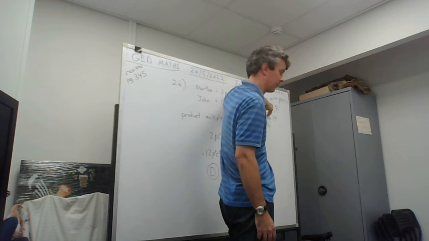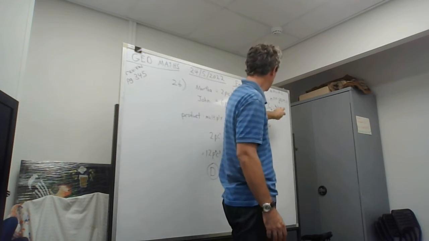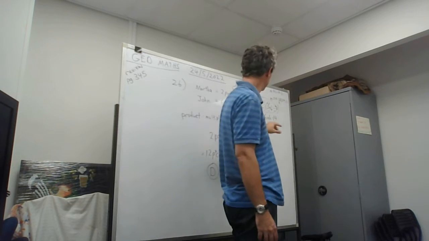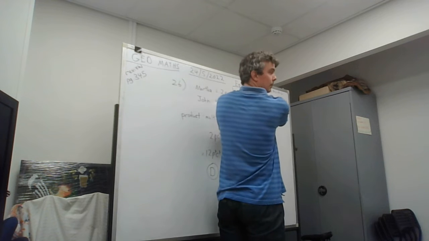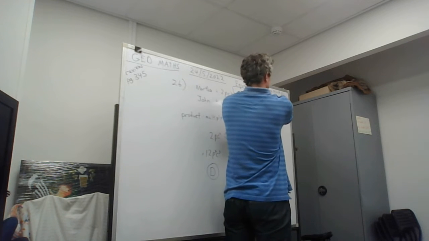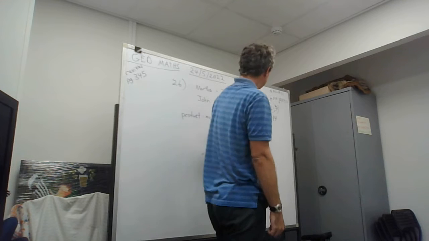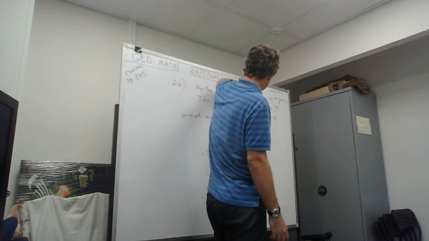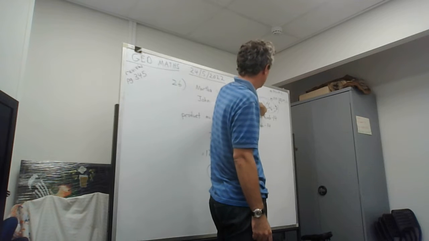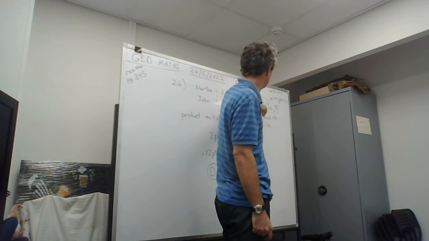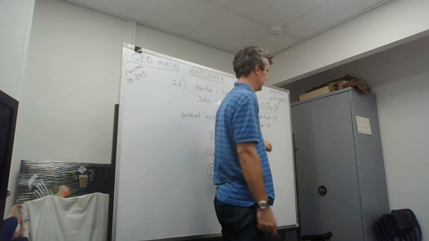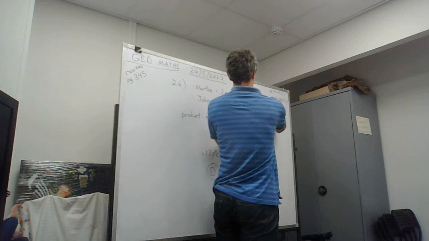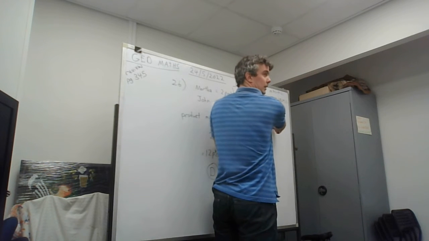Maybe in the middle something's going to happen, but the first and the last will be the same. The first is these two multiplied by each other, and the last is these two multiplied by each other. The first two multiplied is 12a squared b squared, and the last two multiplied is 2 times minus 7, minus 14. So I just need to find the answer that has 12a squared b squared and minus 14.